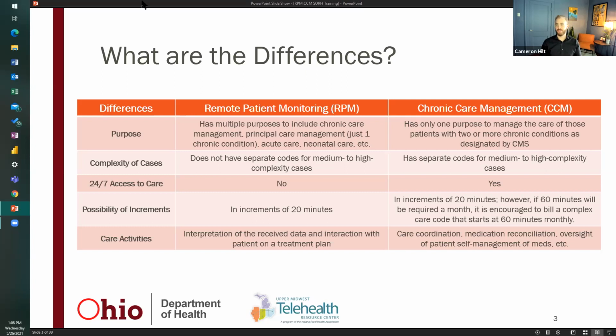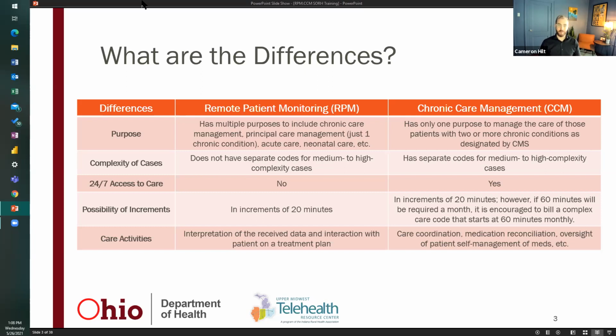Chronic care management is very focused. It has one purpose, and ultimately that's to manage the care of patients who have 2 or more chronic conditions as designated by CMS. I'll explain what some of that designation looks like later in this presentation.